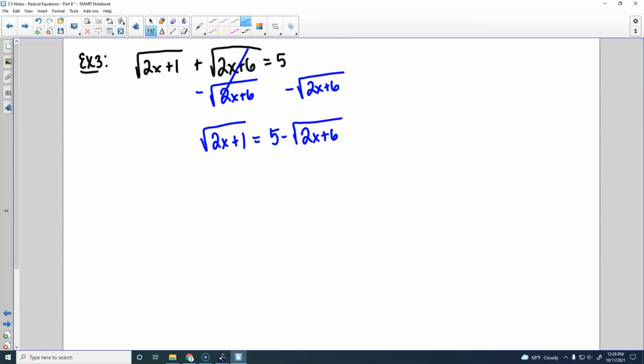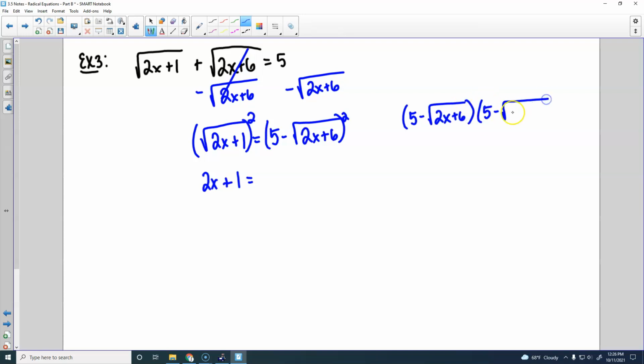This just makes it a little bit better so that when you square that right-hand side, at least you don't have two square roots, right? So over here on the left-hand side, easy peasy, it just gets rid of the square root. Over here on the right-hand side, we've got 5 minus square root of 2x plus 6 times 5 minus the square root of 2x plus 6.